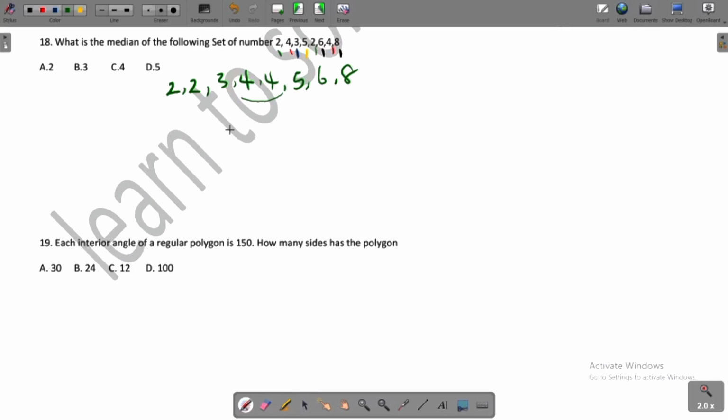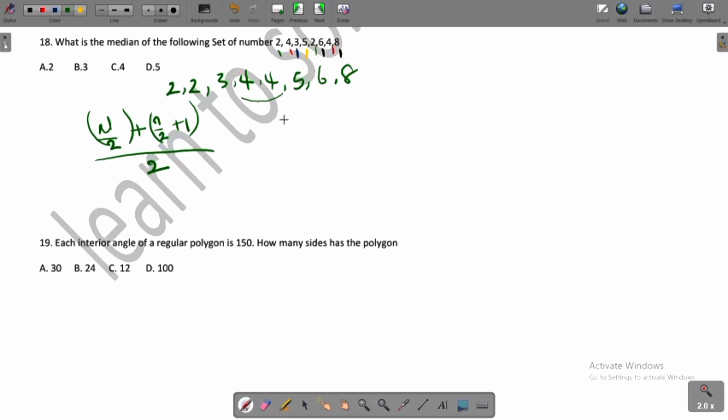The formula is actually like this: n divided by 2 plus n divided by 2 plus 1, all divided by 2. That's the formula. What's our n here? 2, 2, 3, 4, 4, 5, 6, 8. So our n is 8.